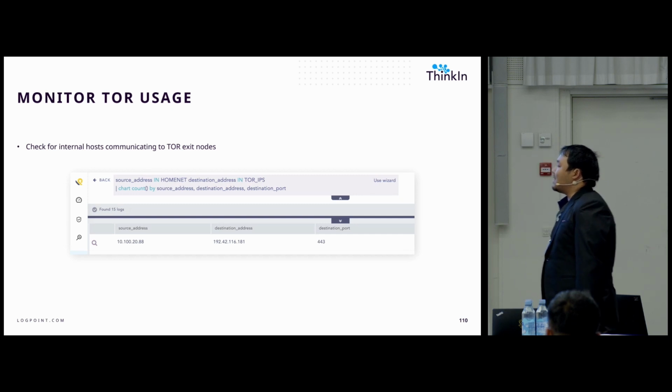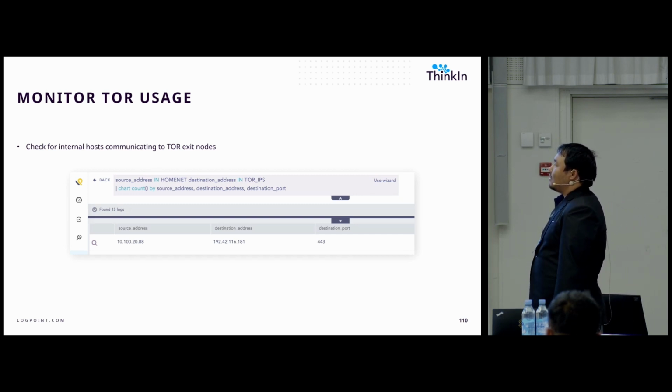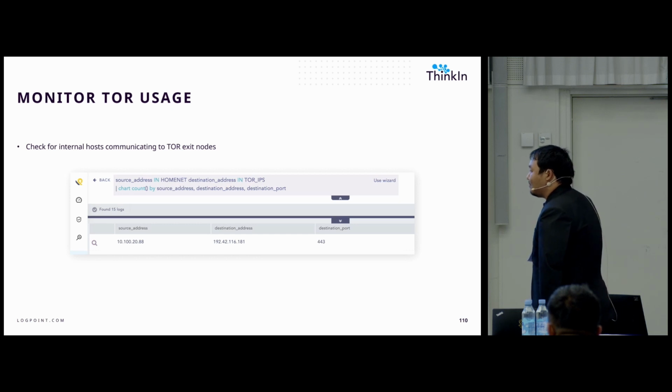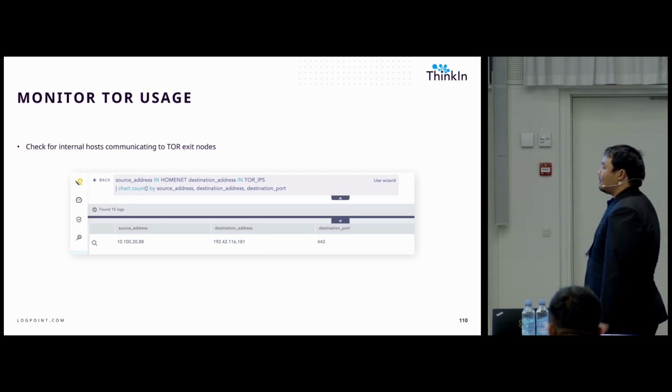And basically, back to Tor, you can correlate and maintain an up-to-date list of Tor IPs, because that is readily available on the internet, and regularly maintain that IP list and search whether any of your endpoints are communicating with Tor IPs. What you see here is a list.